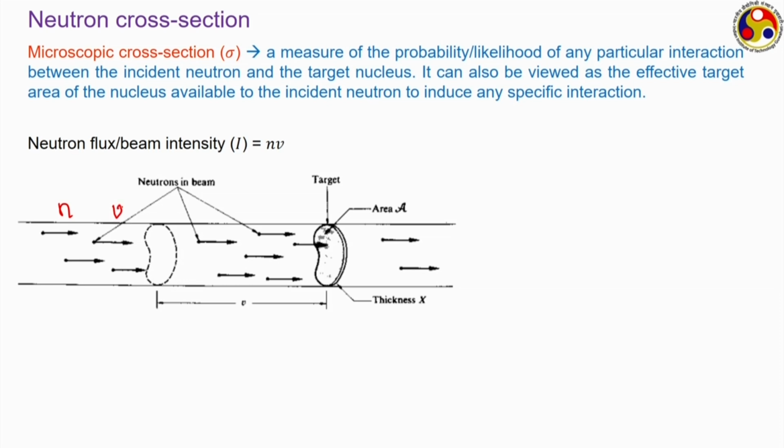Then the product of these two quantities, that is n into v, is called a neutron flux or beam intensity. So, what will be the unit of this intensity?